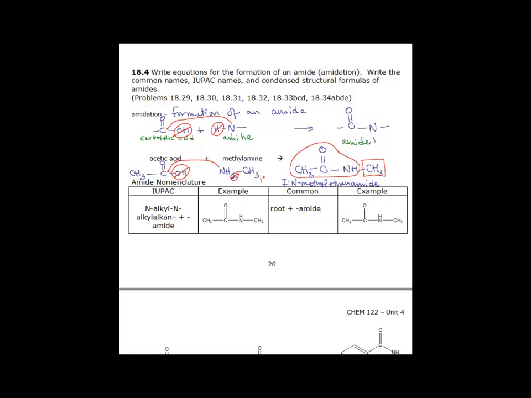With common nomenclature, we just use our roots plus amide, so you're kind of limited in how many amides you can name with common nomenclature. You can name a 1 carbon parent formamide, or acetamide, a 2 carbon.